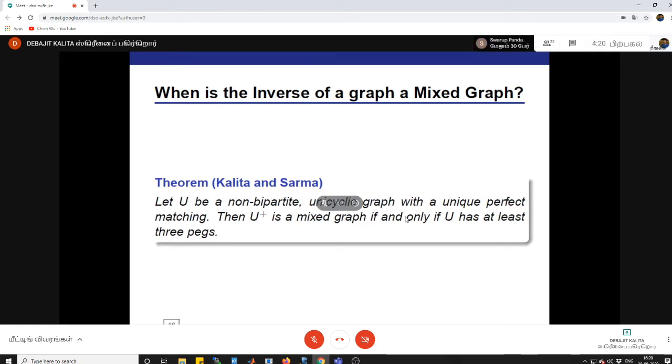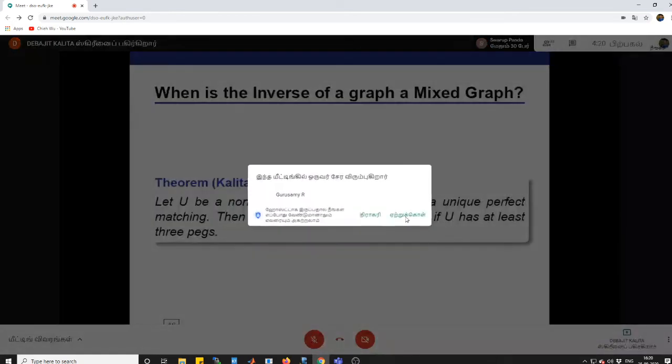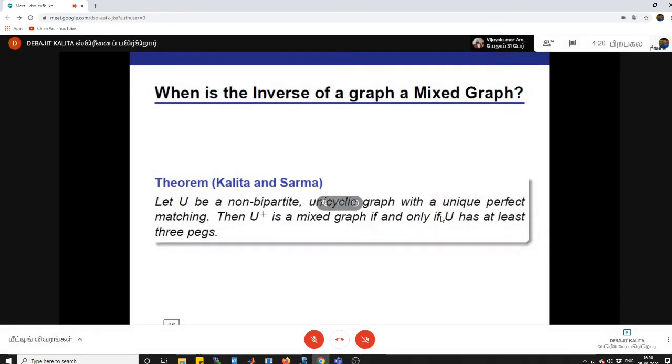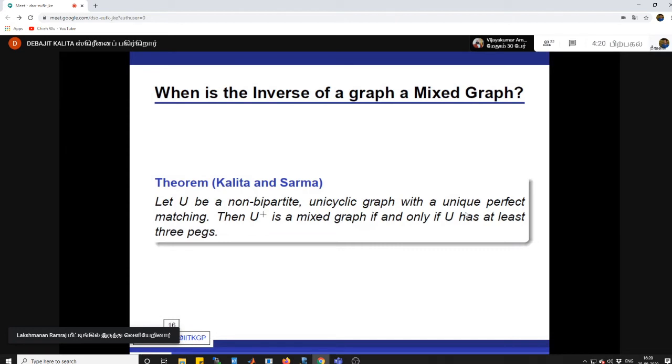This theorem characterizes those non-bipartite unicyclic graphs with unique perfect matching whose inverse is a mixed graph. The inverse is a mixed graph if and only if U has at least 3 pegs. It may be noted that in a non-bipartite unicyclic graph, you cannot have an even number of pegs; you have to have an odd number of pegs.